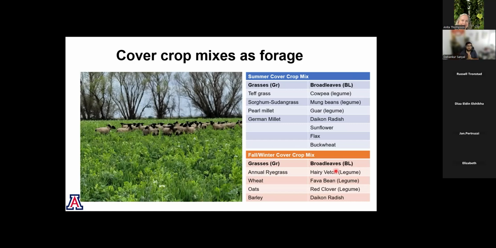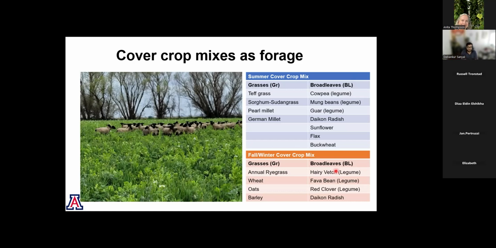Not all these species were grown at the same study site. These are mostly done on producer farms, and we started some research at our Maricopa Agricultural Center. Most of these are producer farms, so depending on where they are, what kind of salt problem they have, and what kind of challenges they have, like at what depth they find the first caliche layers, that will dictate what kind of cover crops would be successful there.